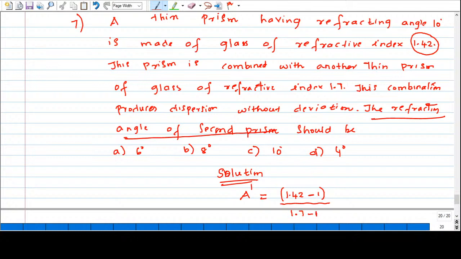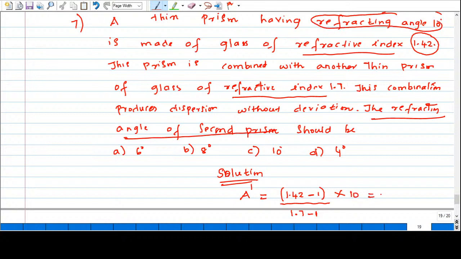So the first refractive index is subtracted, 1.42 minus 1, and the second refractive index is also subtracted, 1.7 minus 1, then multiply with the refracting angle, which is given as 10.